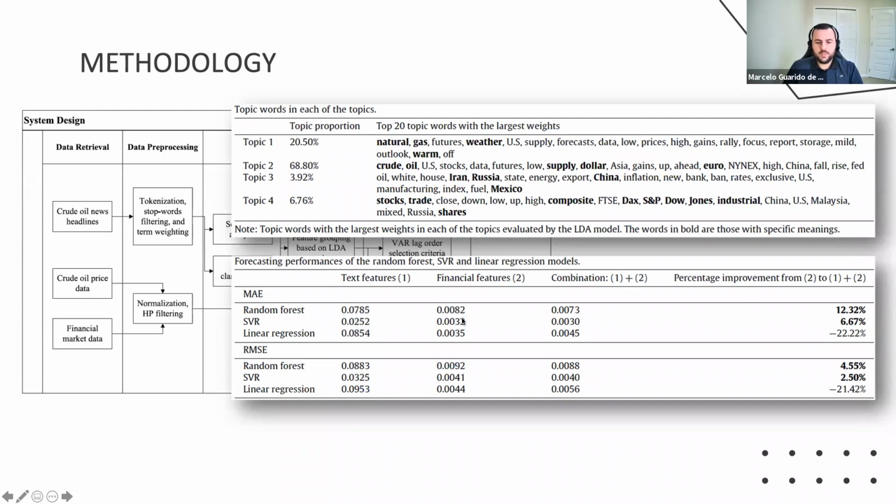You get a better prediction using only financial features, but when you combine both, you improve your prediction. Only for the linear regression you made it worse, probably because this is a linear forecasting, where the support vector regressor and random forest can be nonlinear.